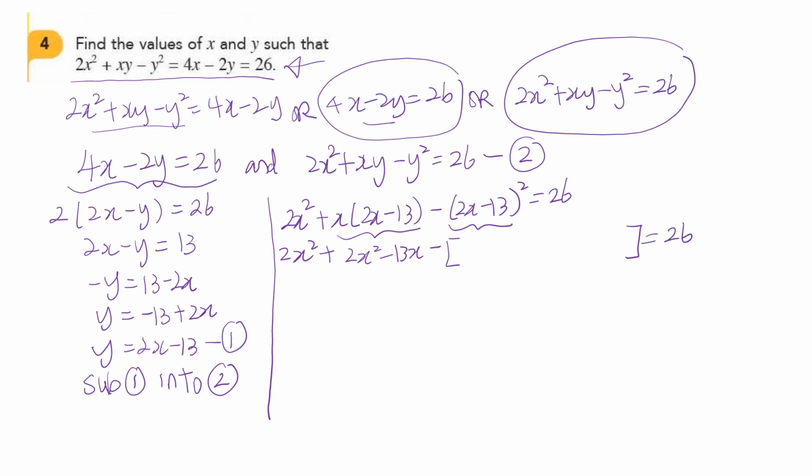Then you apply the algebraic identity: a squared minus 2ab plus b squared. Okay, so let's simplify.